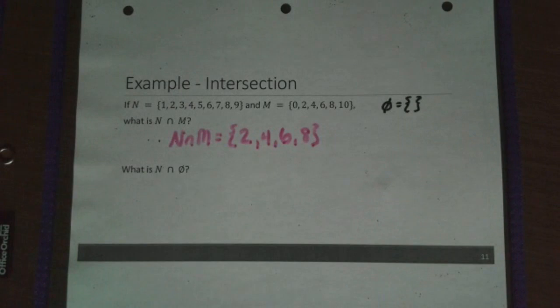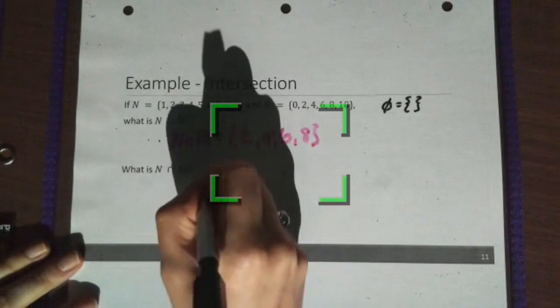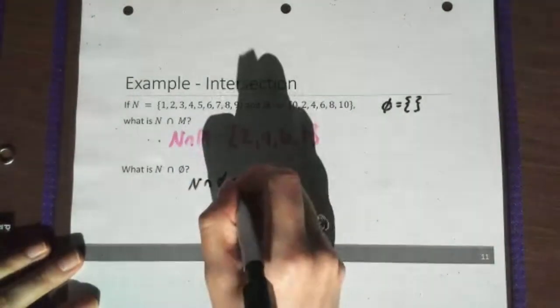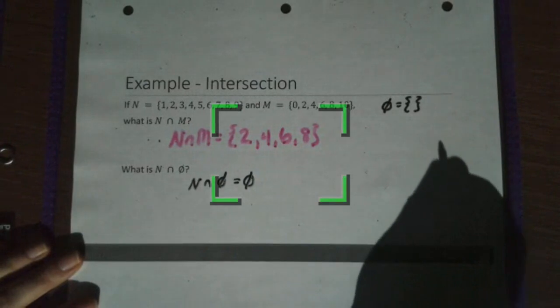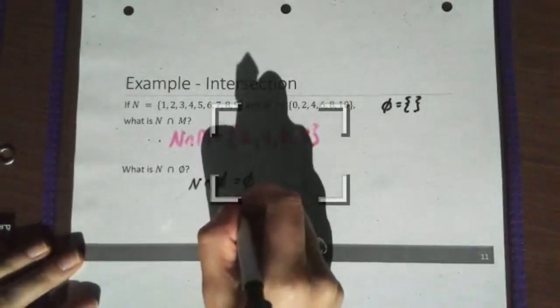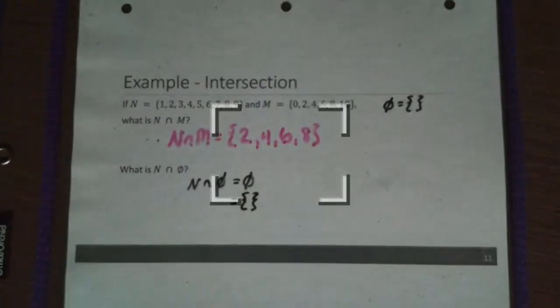What do they have in common? Well, they don't have anything in common. There are no elements that are in both N and our empty set. So the intersection between N and our empty set is the empty set, which again we can write either as the circle with a slash through it or as the empty curly brackets.